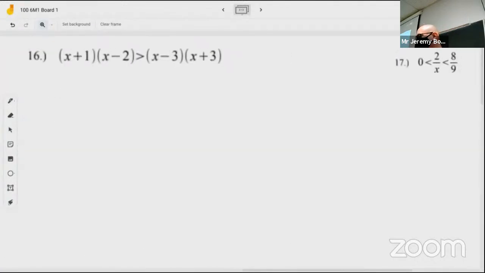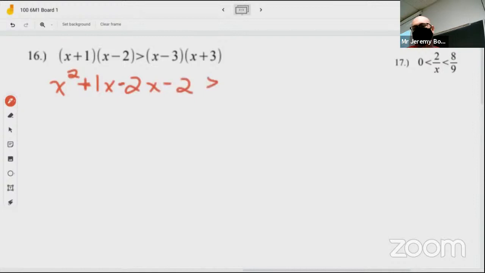16. So like I said, first thing you want to do, evaluate both sides. So we're going to use FOIL, whatever you use to expand both sides. So if we do that, on the left-hand side, we'll have x squared plus 1x minus 2x minus 2.